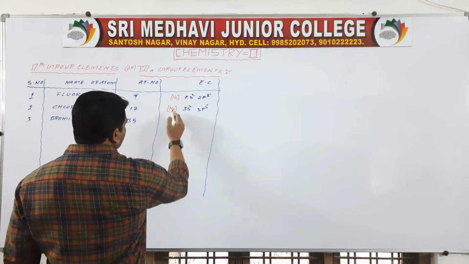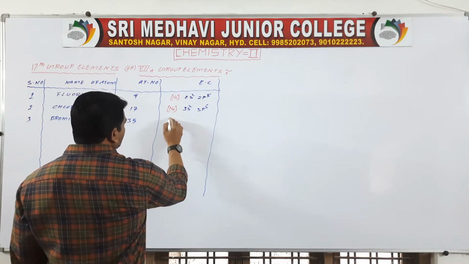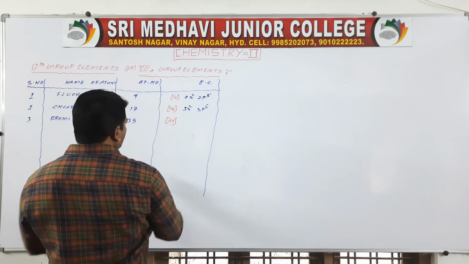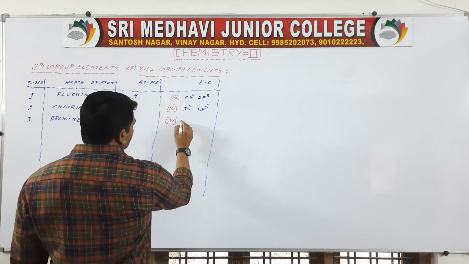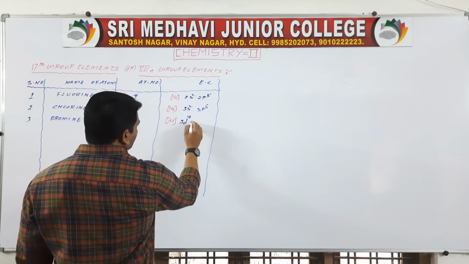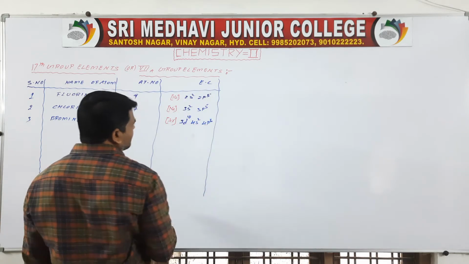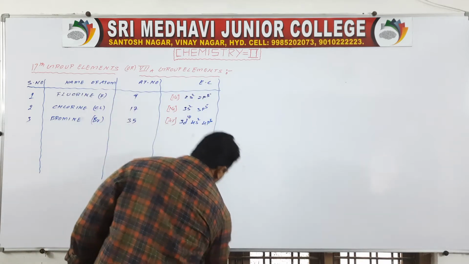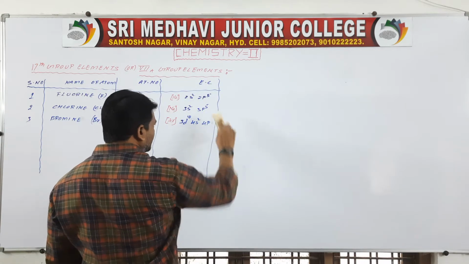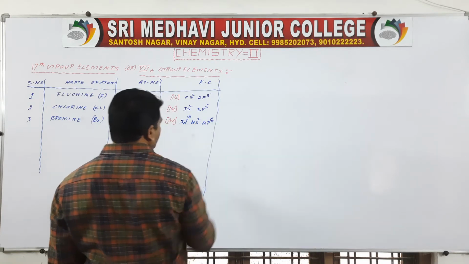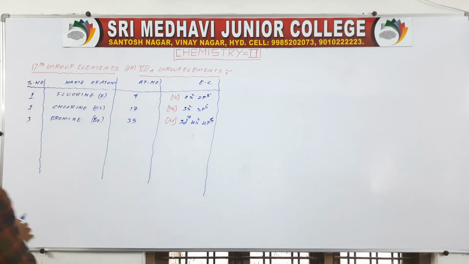Electronic configuration: argon, then electrons enter into 3d10, 4s2, 4p5. So it is argon 3d10 4s2 4p5.